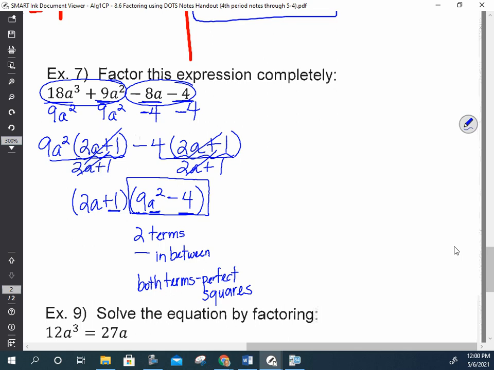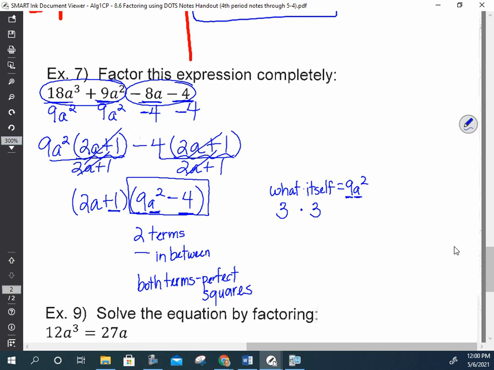So we're going to rewrite 9a squared minus 4. This will help out those people who were absent on Tuesday. So let's start with the 9. We're looking for what times itself will give me 9a squared. What times itself will give me 9? 3.